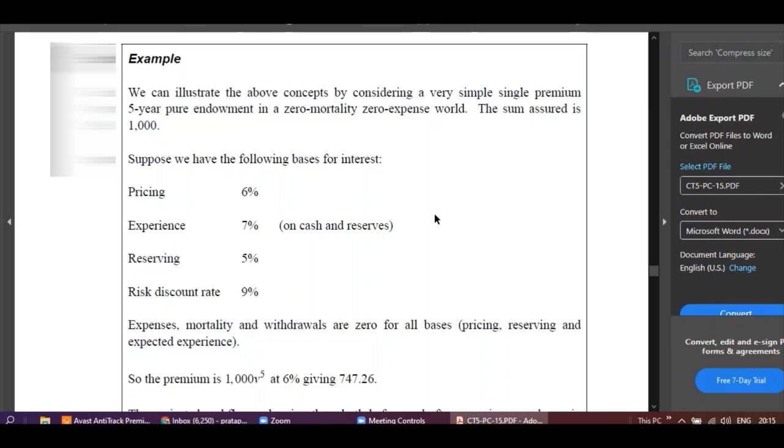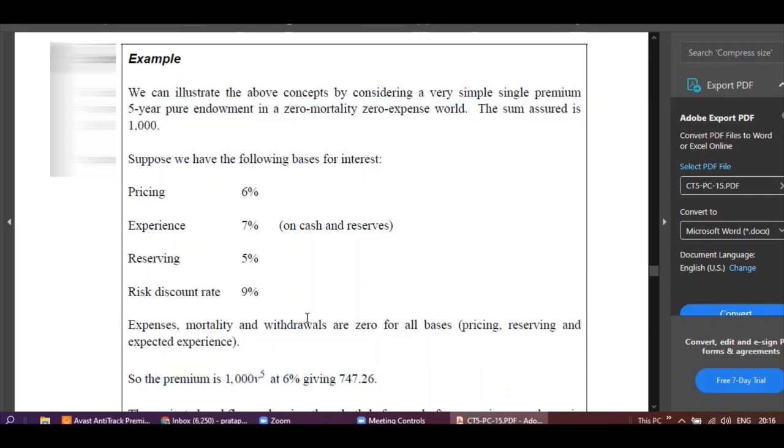Even they have written here, because if only reserving is given, then on reserves also you should use experience. Now, zero expense world.